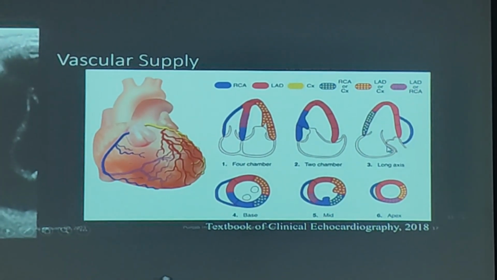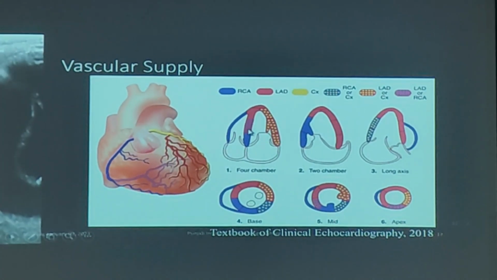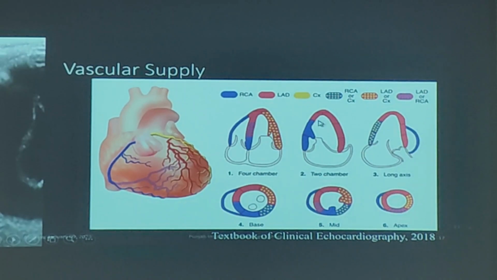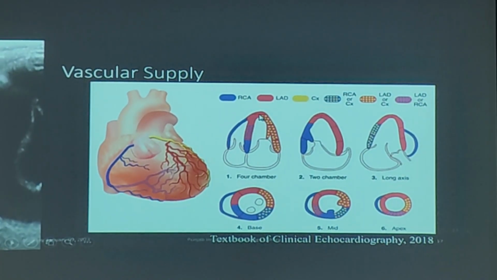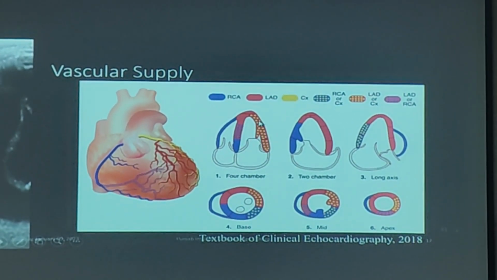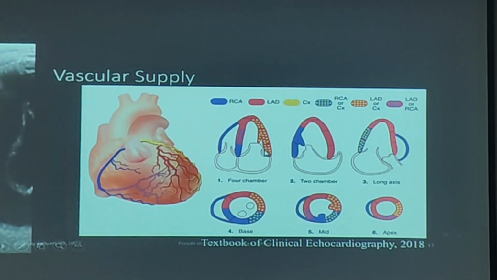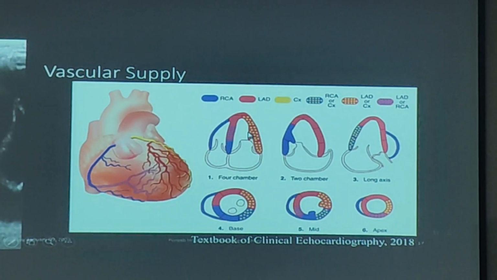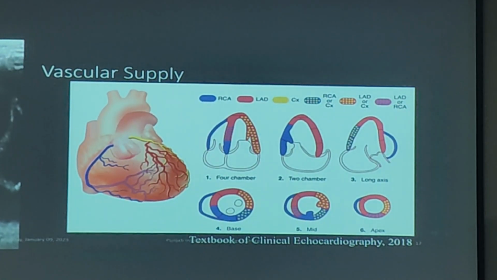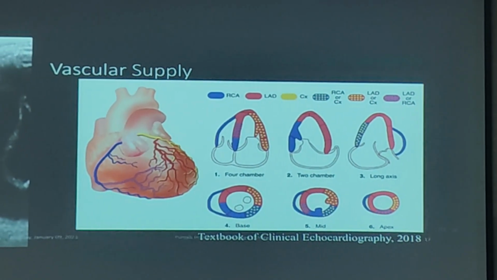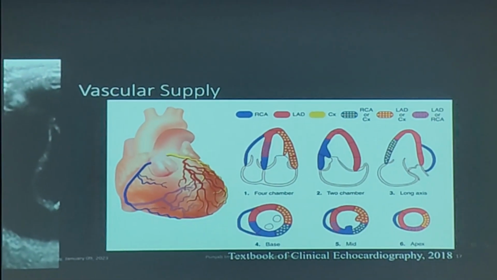This portion in the apical 4-chamber view I am talking about right now is supplied by the LAD and the RCA together, and the apical septum is supplied by the LAD solely, and this portion is supplied by the LAD and the circumflex artery. You should make yourself familiar and practice which region is supplied by which artery, not according to our knowledge, but according to the view of the echocardiography which we are making there on the machine.